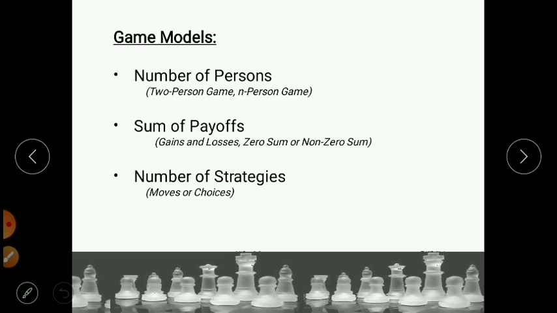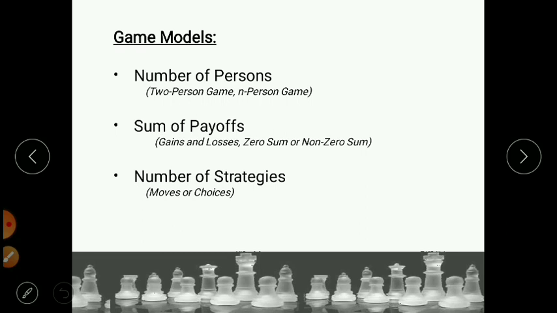Now the third game model is the number of strategies. Strategies are nothing but the number of moves or choices. Let's take the example of chess. Any specific move or choice with respect to the pieces on the chessboard can be called a strategy.